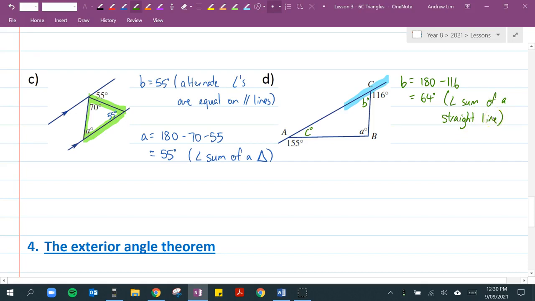I'm going to use the same thing for C degrees. So first of all, let me just replace B with 64 degrees. Okay, let's work out C using the exact same reasoning. Here's a straight line. Straight lines add to 180 degrees. So I'm going to start with 180. I'm going to minus what I do know. I know that this here is 155.